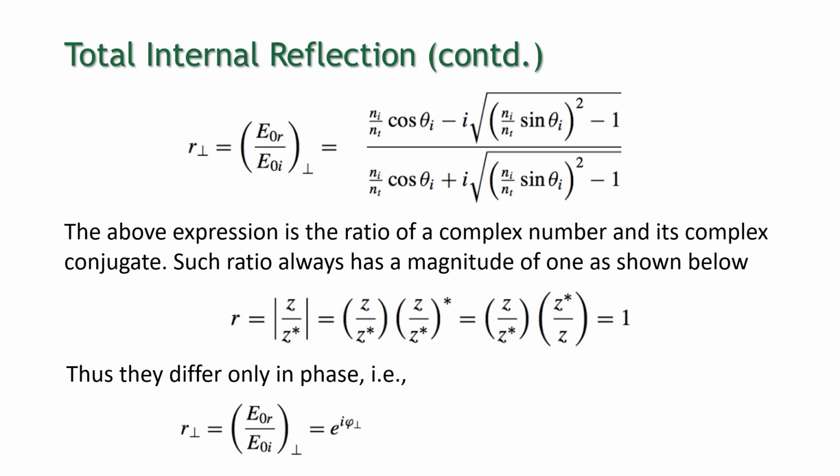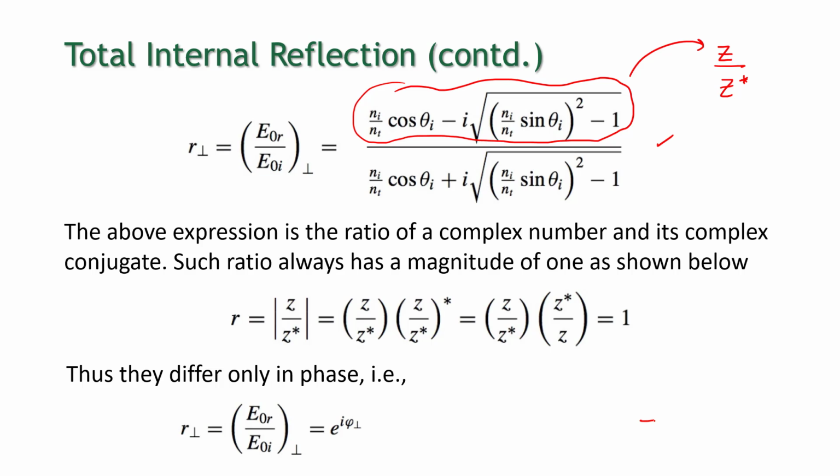So here we have this equation. I'm just rewriting this thing here. Now this is in this form. So this is z star. If I consider this whole thing to be a complex number z, then this bottom one is z star. z star is the complex conjugate.